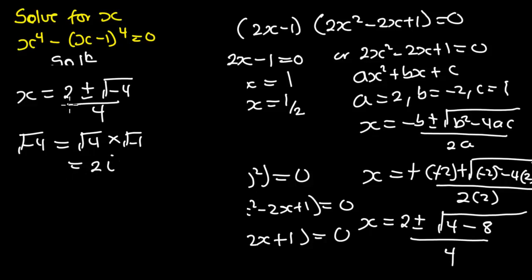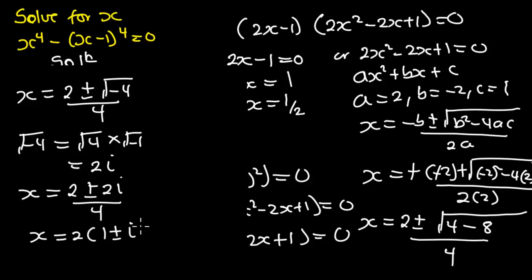And so from here, we are going to have x to be equal to 2 plus or minus 2i all over 4. Now you have 2 in common, so I'm going to factorize out 2. And so x is equal to 2 out. We are going to be left with 1 plus or minus i all over 4.